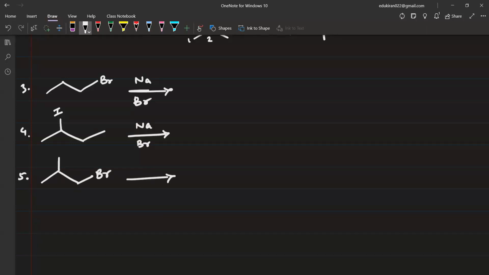Br is here and we have a CH3 here. Sodium and bromide. Waiting 2 more minutes and then I'll write the answers for all the questions. Deborah, you correct the mistake in the third one. Number of carbon atoms is wrong.